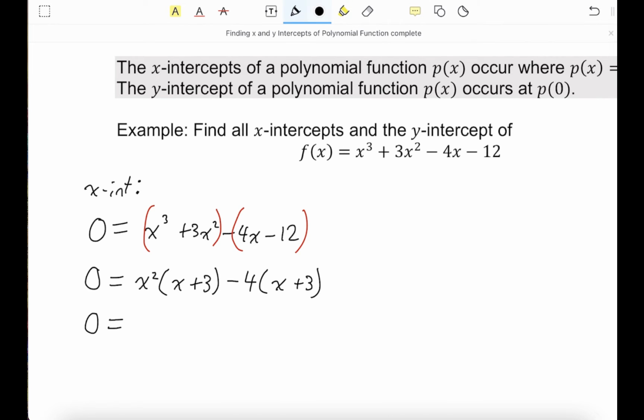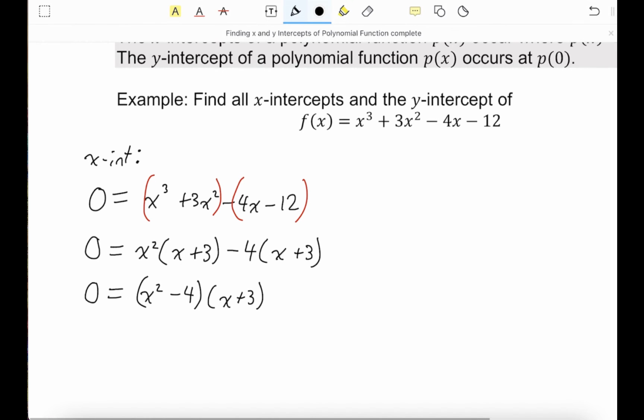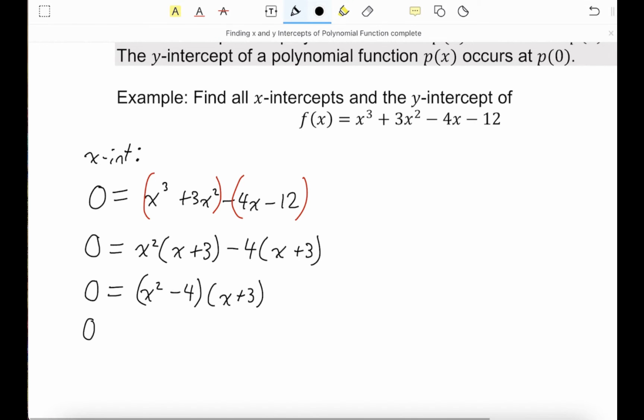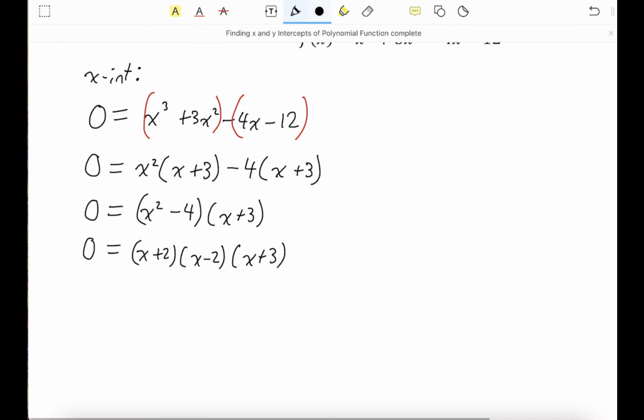This then gives me x squared minus 4, x plus 3 on the right. X squared minus 4 is now a difference of squares. So it's x plus 2, x minus 2, and x plus 3. And from here, we can see we set each equal to 0.